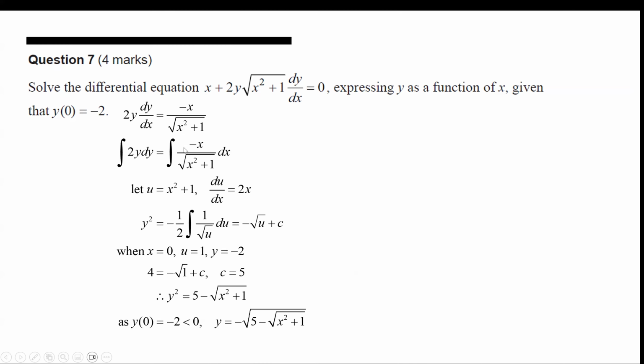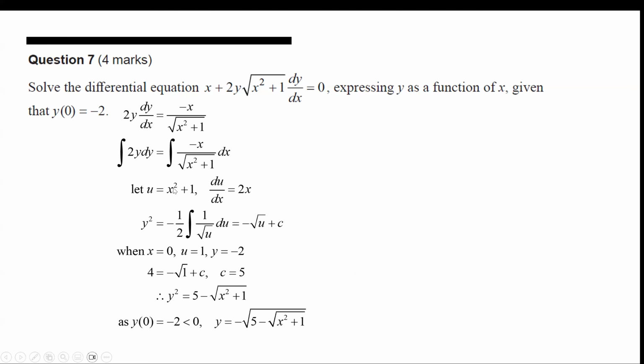And integrate both sides. You'll be able to get the integral of 2y dy equals the integral of minus x over root x squared plus 1 dx. Some will be able to directly spot that this is a negative root x squared plus 1.